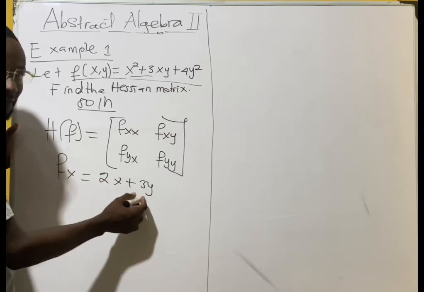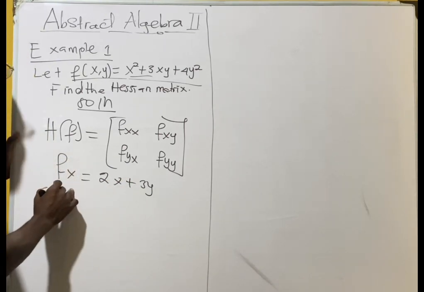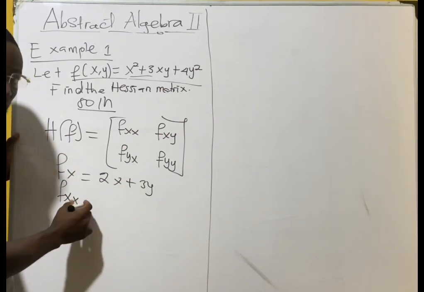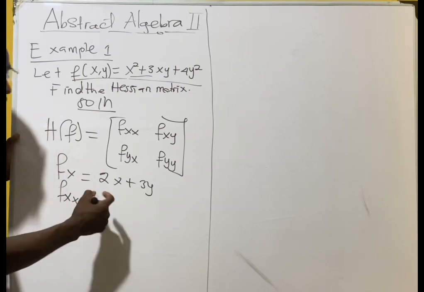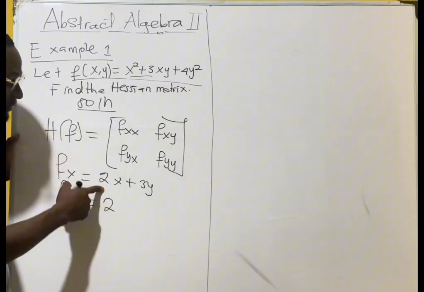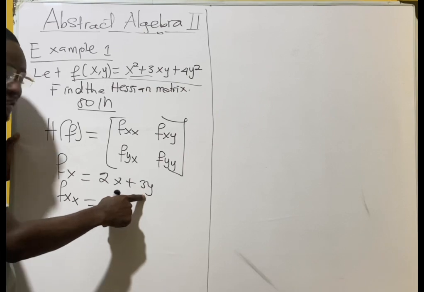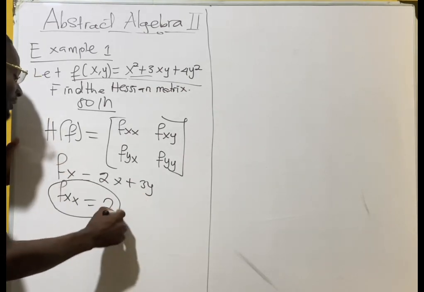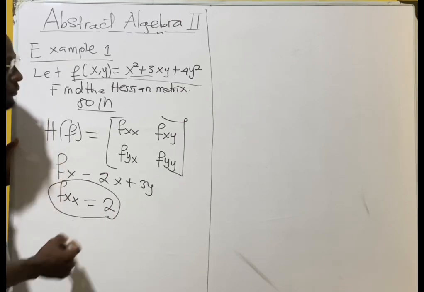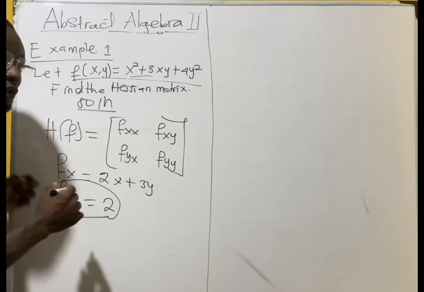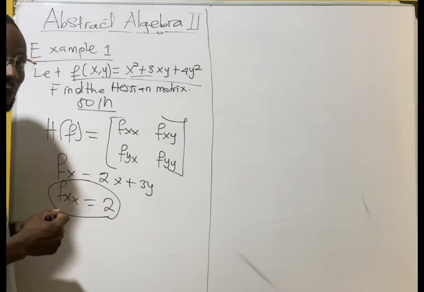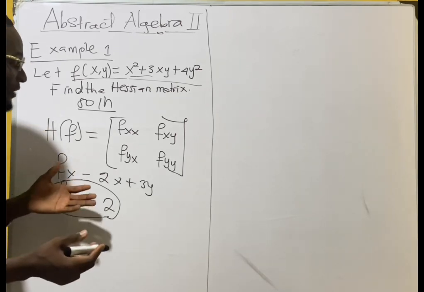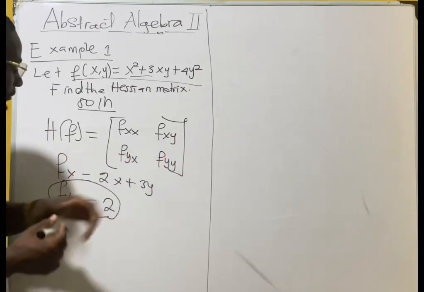So now we have the first derivative with respect to x. The second derivative with respect to x: differentiate 2x, you have 2, and 3y tends to a constant, which is 0. So fxx is 2.